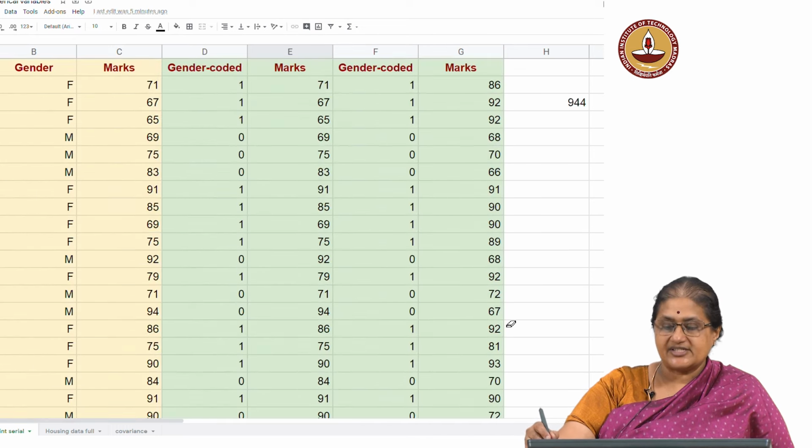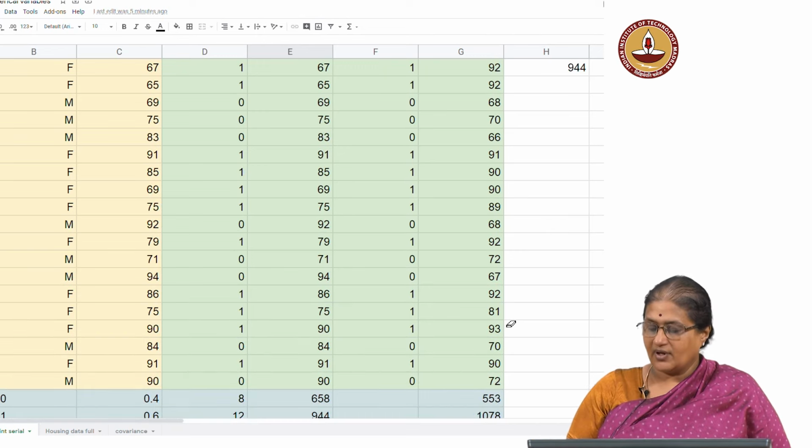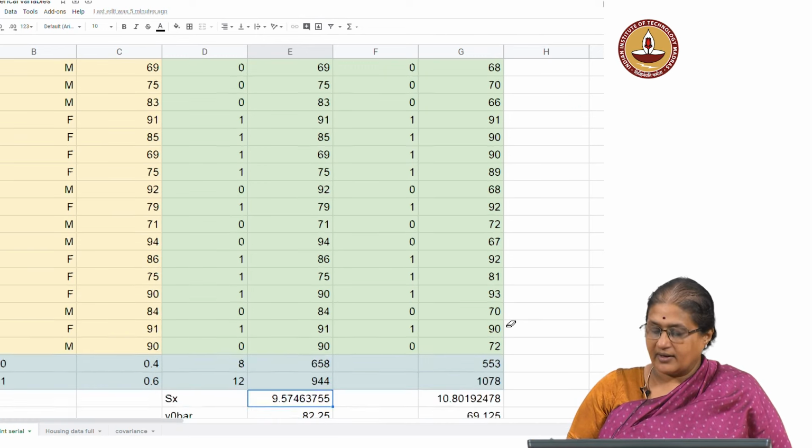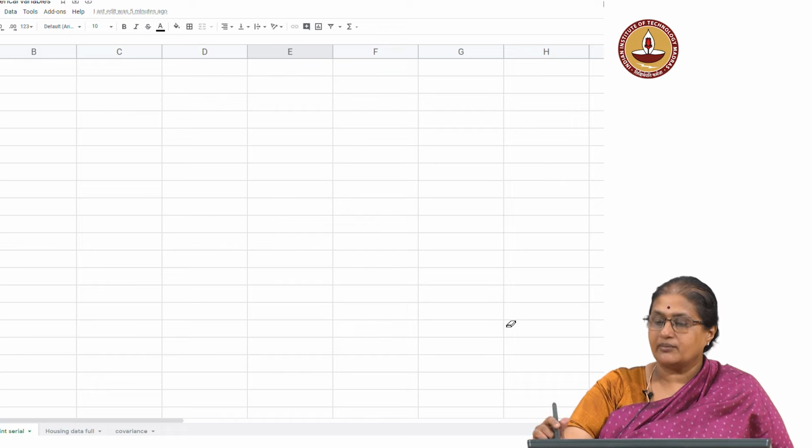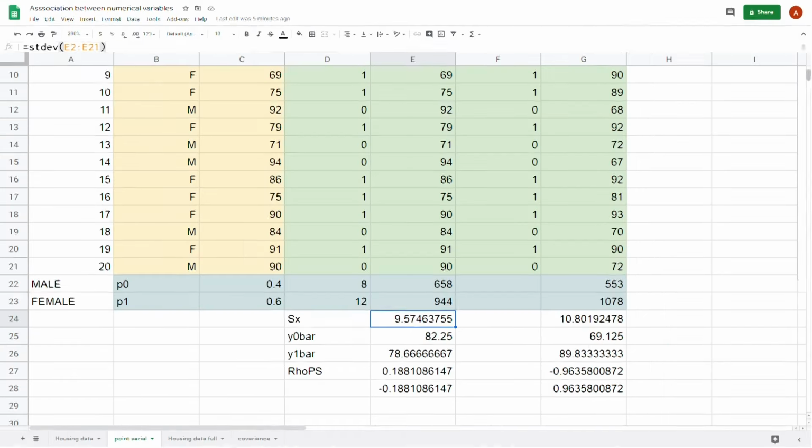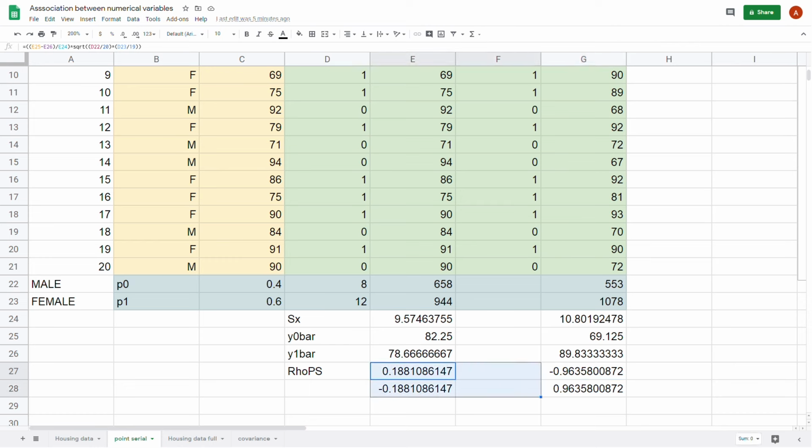So, for this data set, again going back, I have computed the point biserial coefficient, which is 0.188, and for the next data set it is minus 0.96. Again, is there a difference between 0.188 and minus 0.188?